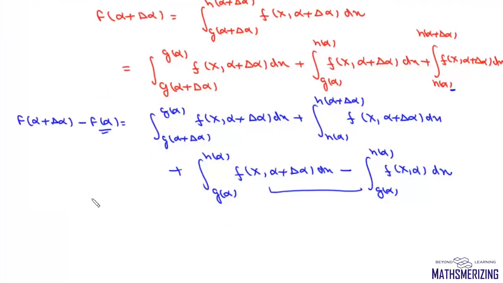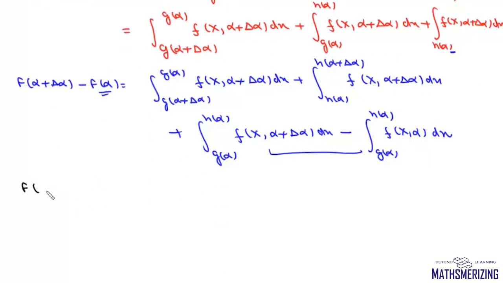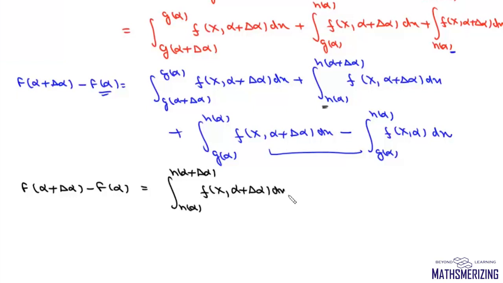So we can write this as f(alpha plus delta alpha) minus f(alpha), and it'll be equal to, now what I'll do is I'll write this one first. I'll write this as the integral from h alpha to h alpha plus delta alpha of f(x, alpha plus delta alpha) dx, and then for this integral I'll interchange a and b.